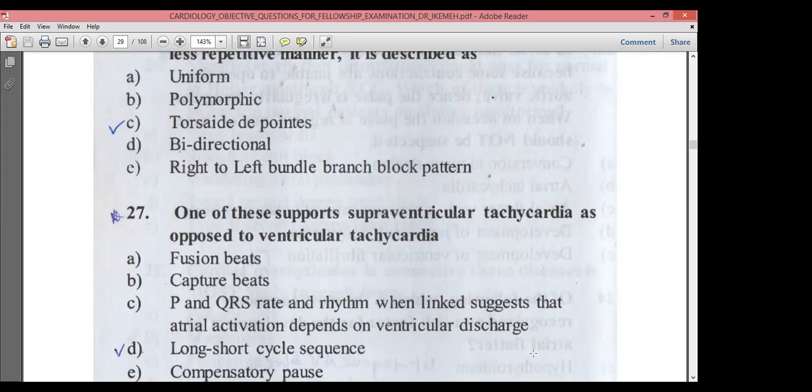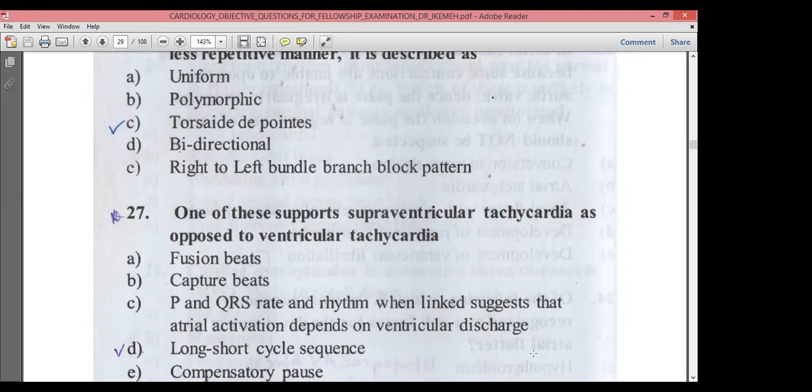Then long short cycle sequence. Okay, I don't really understand what this means, but what I'm thinking is maybe that Ashman phenomenon that we see in atrial fibrillation with PVCs. So you have a long RR interval, then a short RR interval, then an aberrant conducted wave.